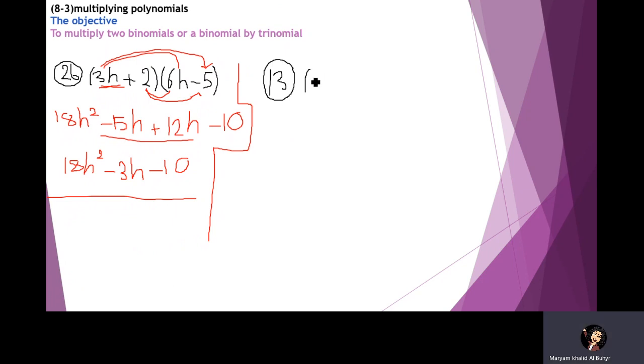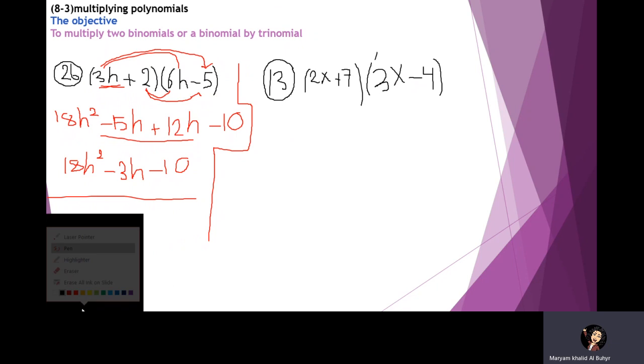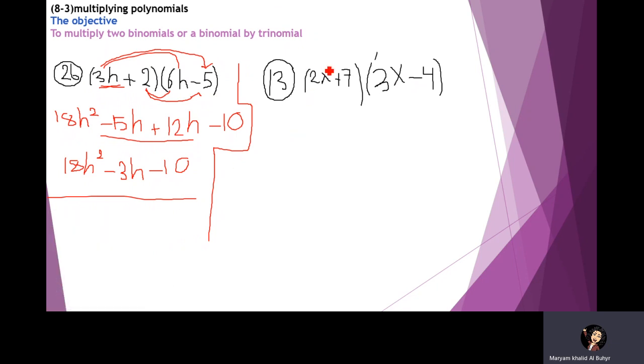So 2x plus 7. Let me tell you, the first way and the third way, I can tell you they are similar. They all look like each other, but just with slightly different steps. So use the way that you feel is easier for you. But I always believe that this is the easy way.